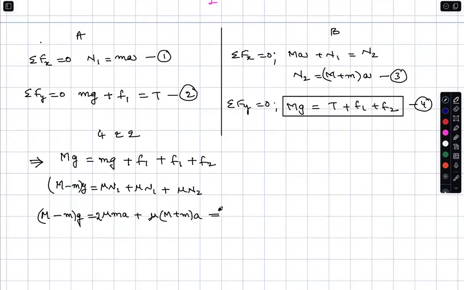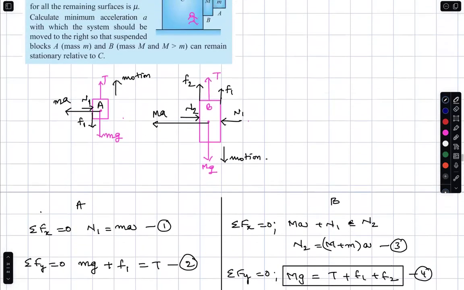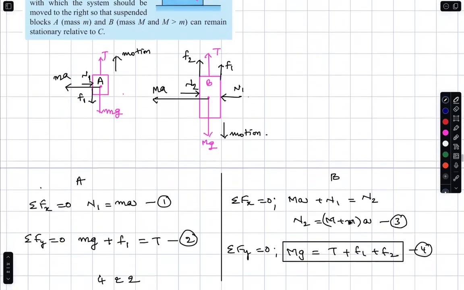Finally, this allows me to write acceleration is capital M minus small mg divided by 2 mu times (3 small m plus capital M). So that should be the answer.